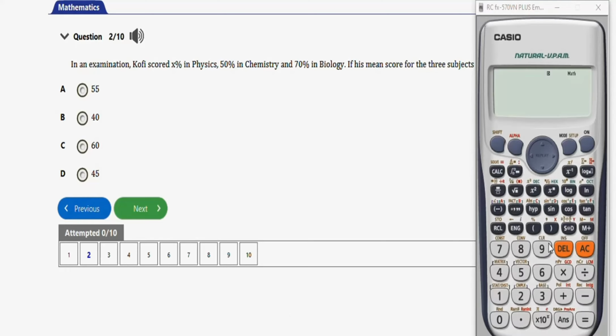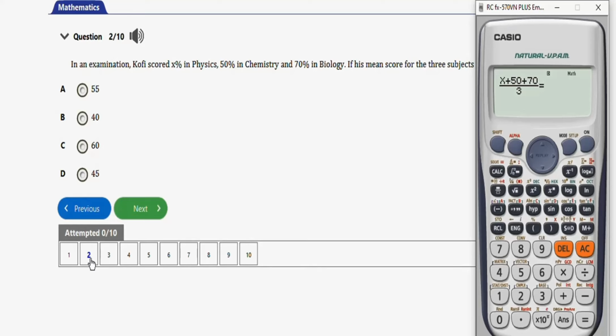For that question, all you need is to apply the formula for mean. So you are going to use equation solver to solve this problem. It will be x, which is unknown, plus the ones known. We have 50 there, plus 70 for biology, over 3, because we have 3 subjects there, equals alpha, and this calc button equals what?